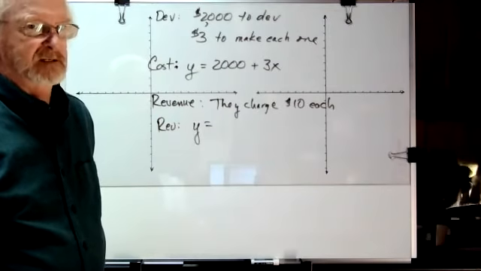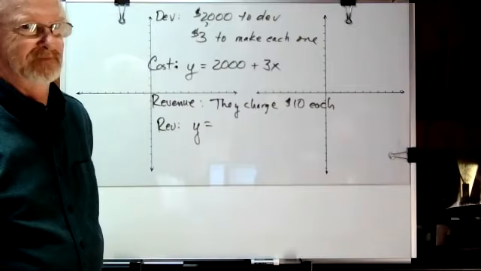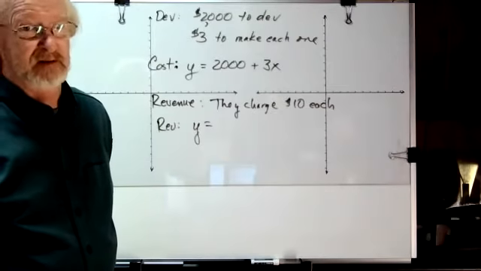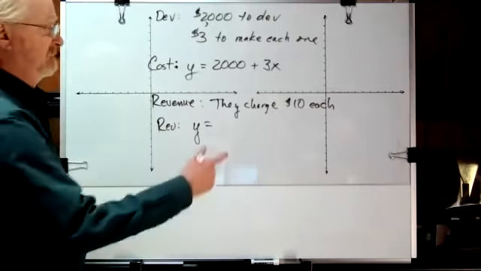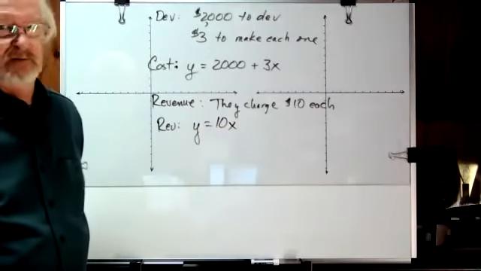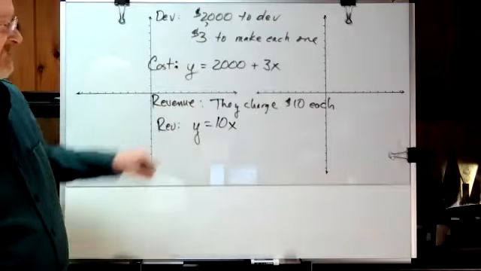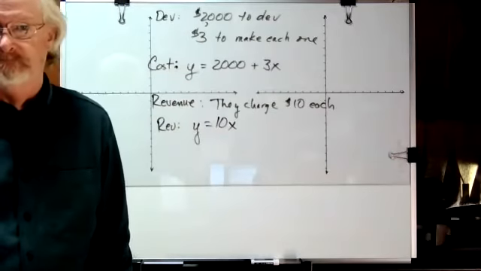How much do they make if they sell 0? 0. That's my y-intercept, it's 0, which I'm not going to see in my equation. There's my revenue equation, $10 for every one they sell. Those two would go together and make a system.